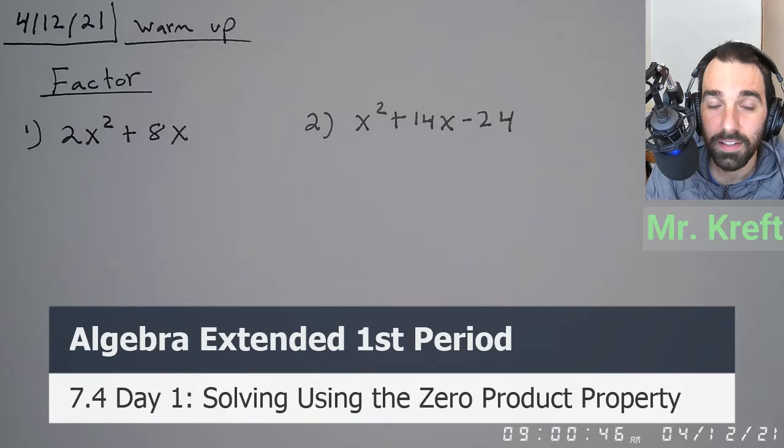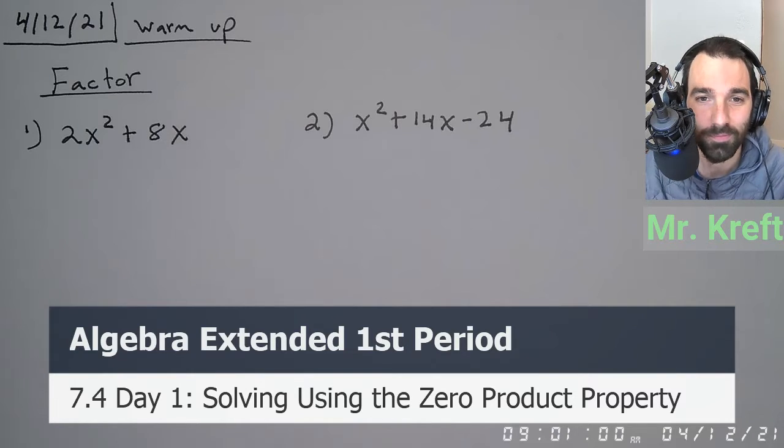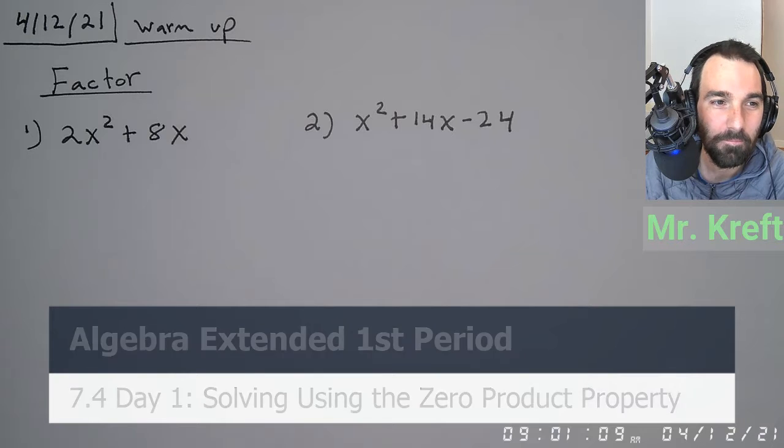Next week and the week after, we're going to review for our midterm, and we'll get that done. So right now, we're going to remind ourselves about factoring, and then we're going to start our conversation about using the zero product property to solve. Zero product property is one of the coolest tools in math to solve for things, and hopefully you guys enjoy it.